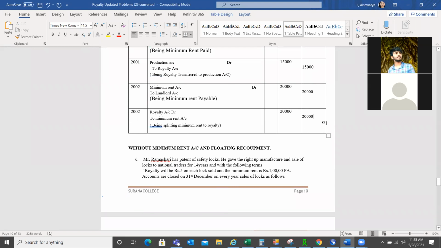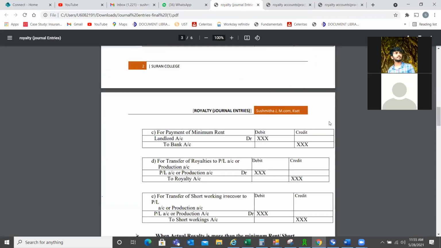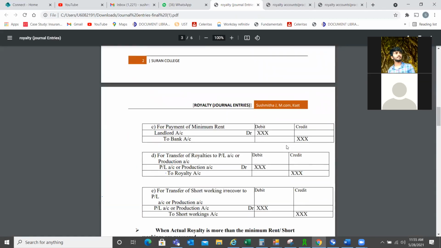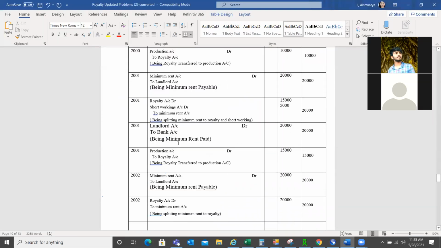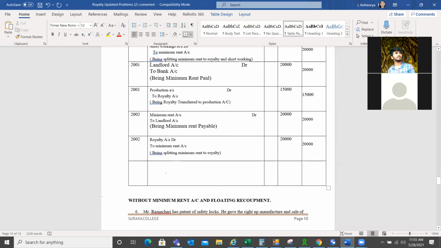After this, what is the next entry that we have to take care of? We have to pay that minimum rent, right? So while we are paying, what do we have to write? Landlord account debit to bank account.